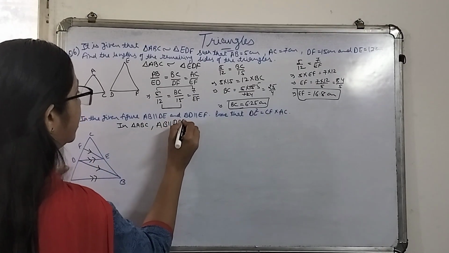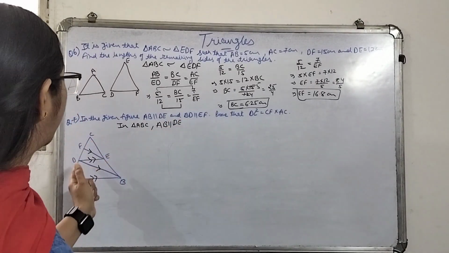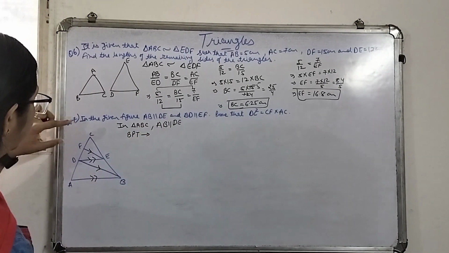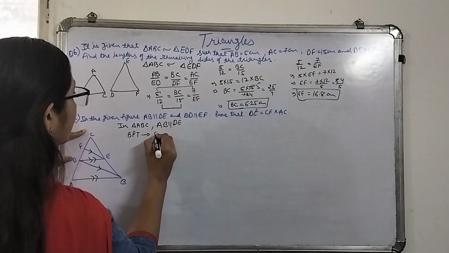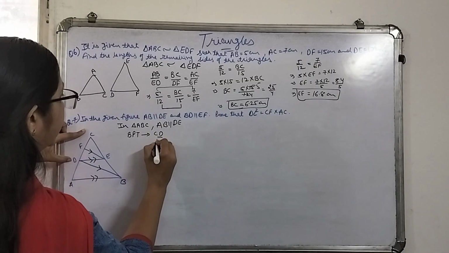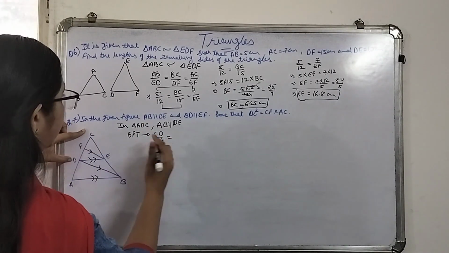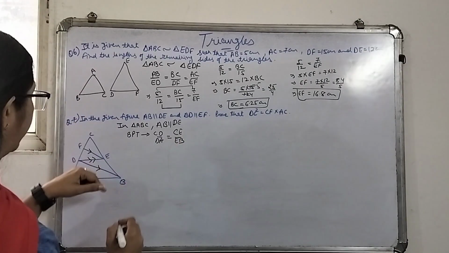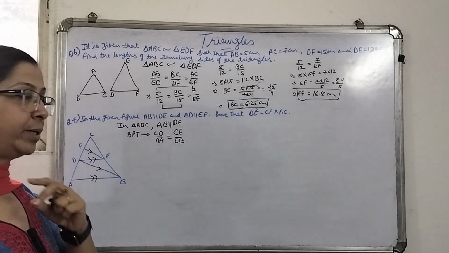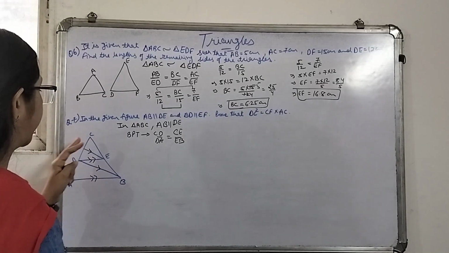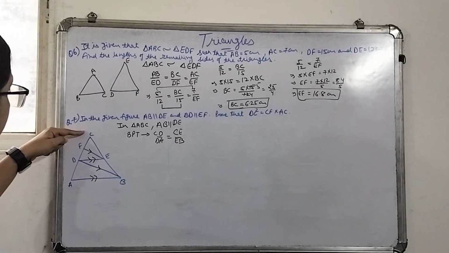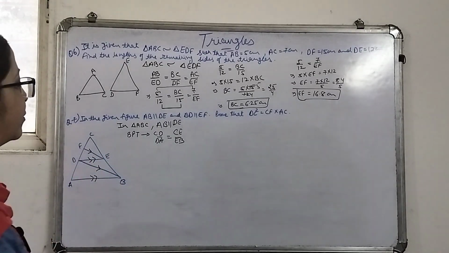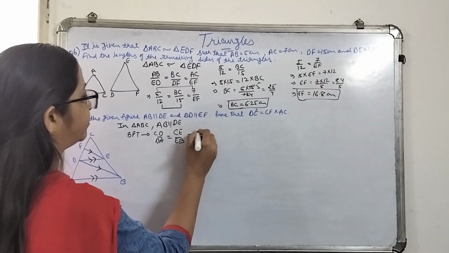Now because it is parallel, by BPT we can say that the ratio of CD over DA will be equivalent to CE over EB. Because in this triangle, DE is parallel to AB, that simply means the ratio of the sides will even be equal. That is CD over DA will be equivalent to CE over EB. Suppose this is your equation number 1.